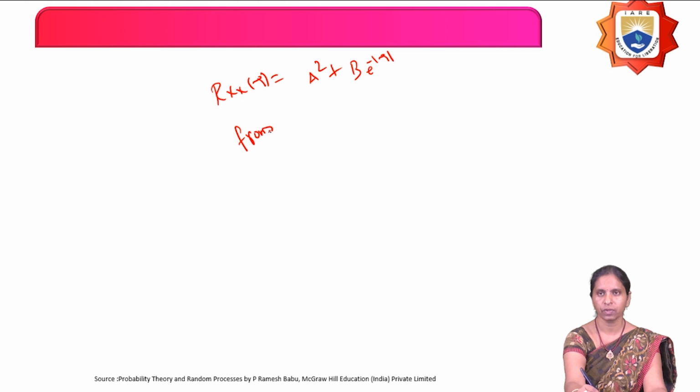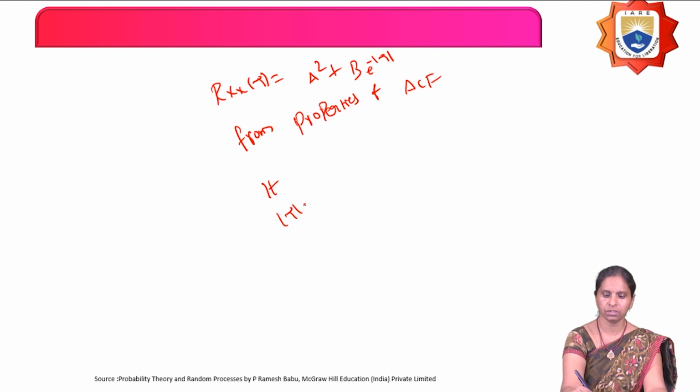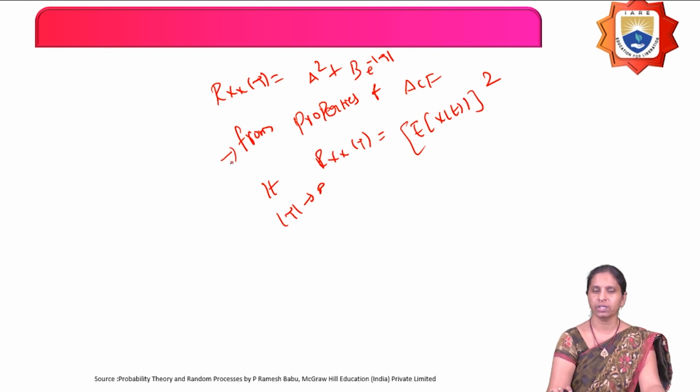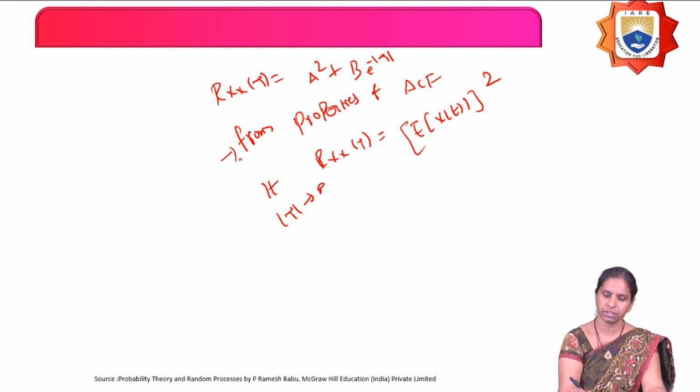From the properties of the autocorrelation function, the limit as mod tau tends to infinity of Rx of tau equals E of x of t whole square, which we already discussed in the previous lecture.